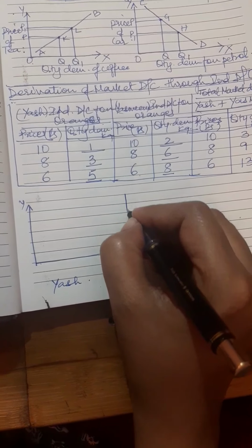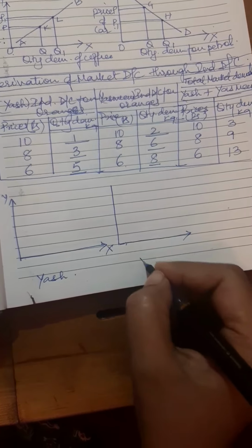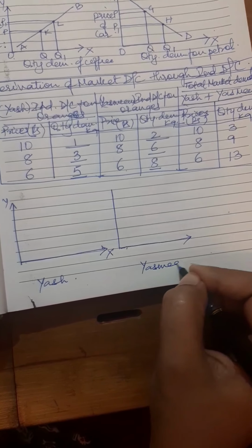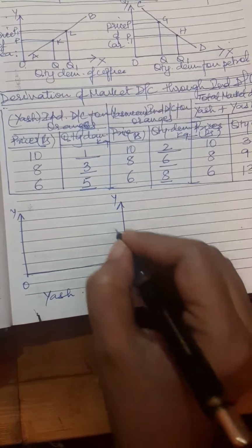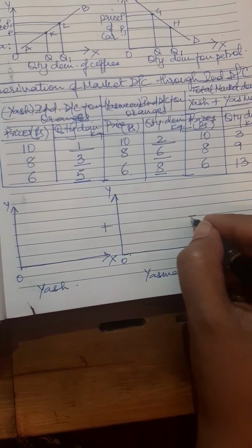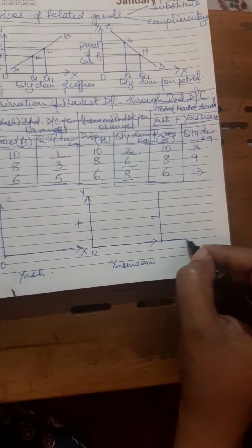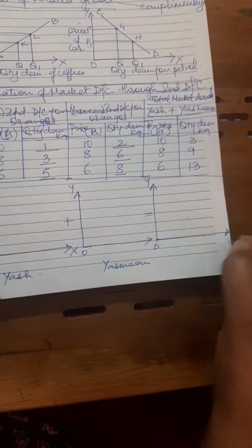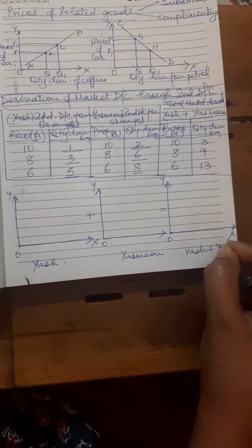Then you draw the individual demand curve for the second consumer, which is Yasmin. Origin and the y-axis. And when you add these two, you get the market demand curve by both the consumers, Yash and Yasmin.